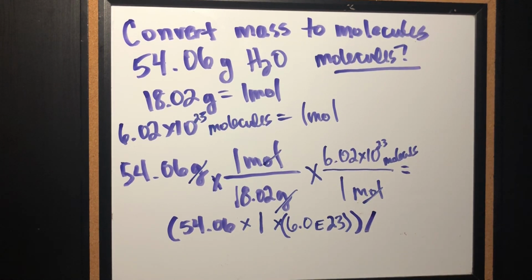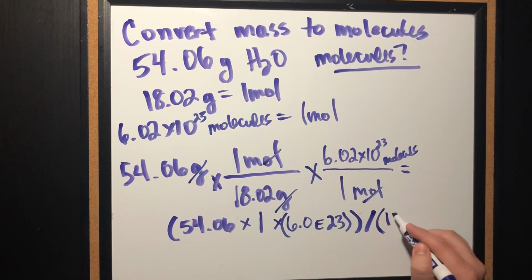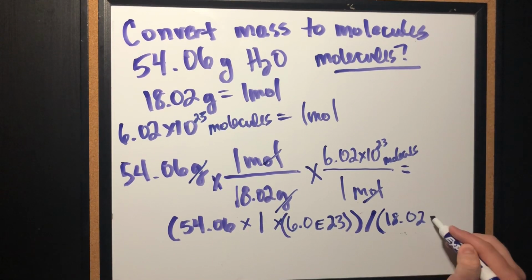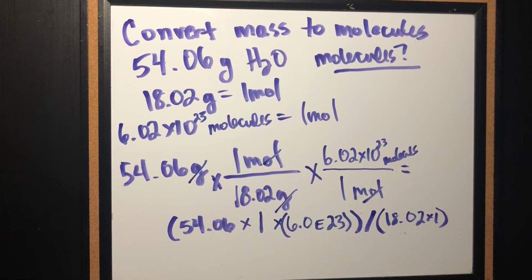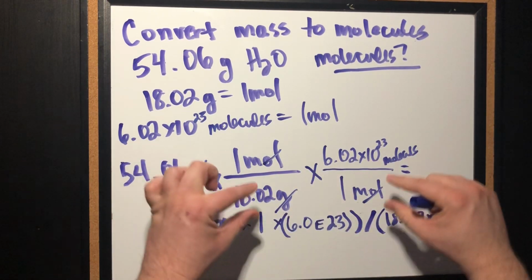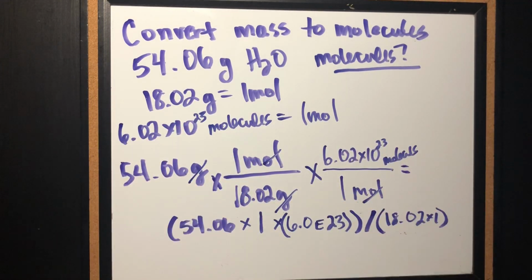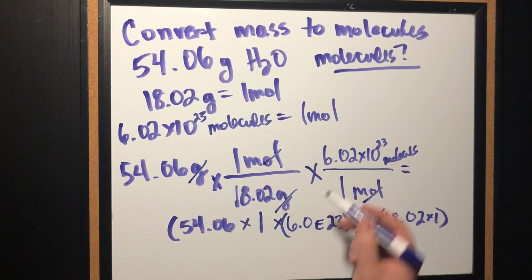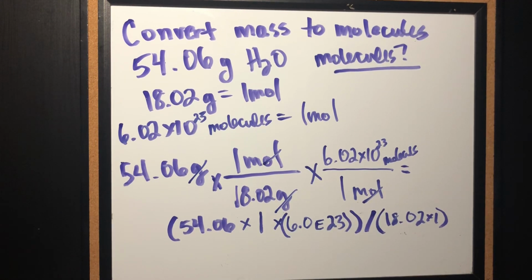Then you remember you want to end your parentheses, divide, and then put everything in parentheses in your denominator. Because this is essentially a giant fraction, right? All of the numerator divided by all of the denominator. So you can put it in your calculator all at once if you want. If you want to do smaller steps with your calculator, totally fine. Do whatever you want. But I'm showing this to you, and it's important that you put all of this in your calculator correctly. So I'm going to go ahead and do that right now.